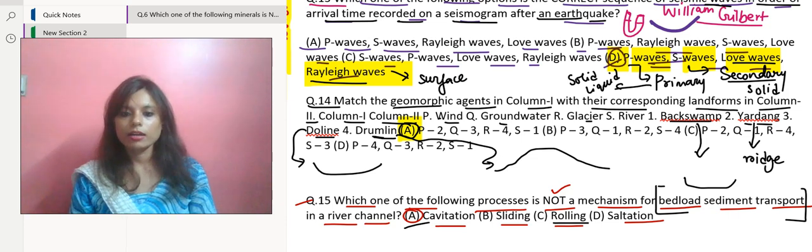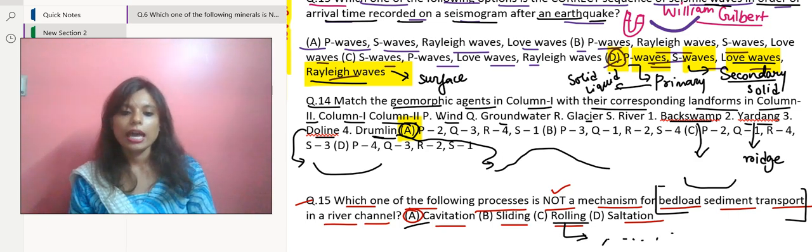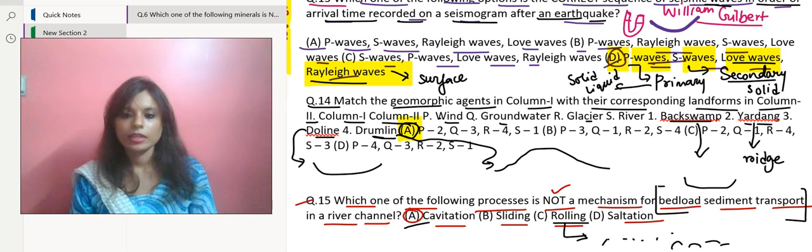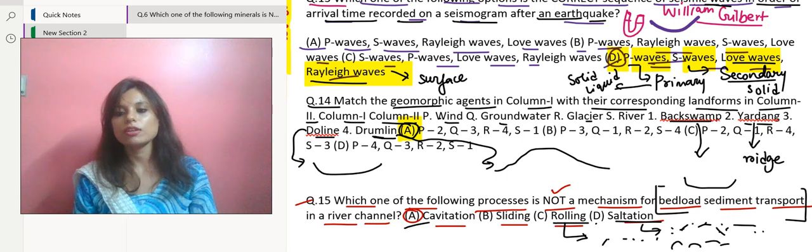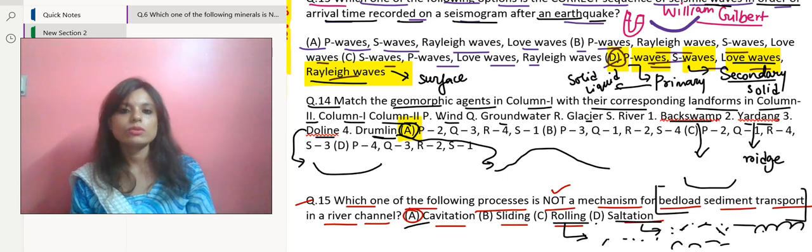Rolling occurs when sediment grains are lifted and rolled along the bed by the current. Saltation occurs when sediment grains are lifted, just like in rolling, and then bounced along the bed in a series of short jumps.